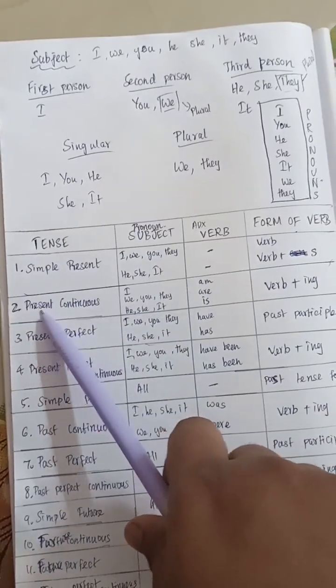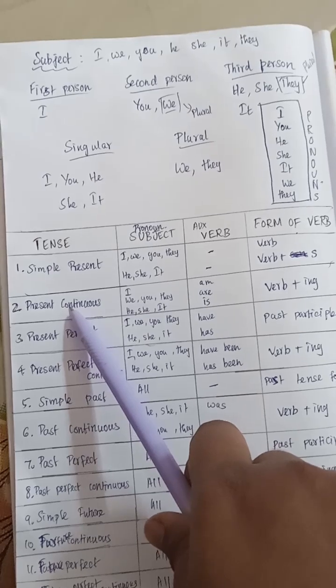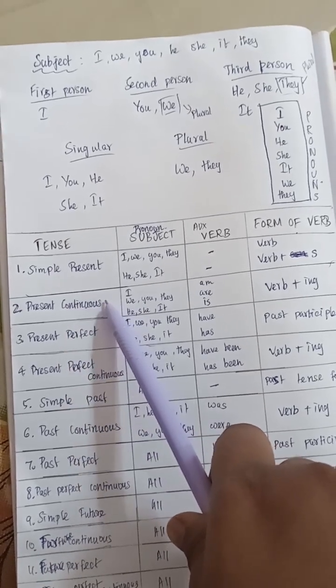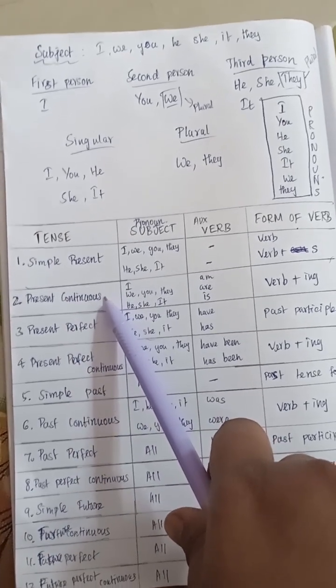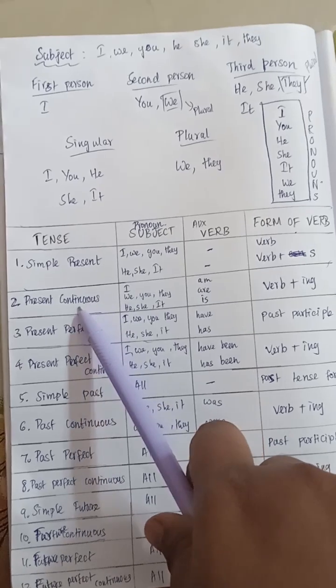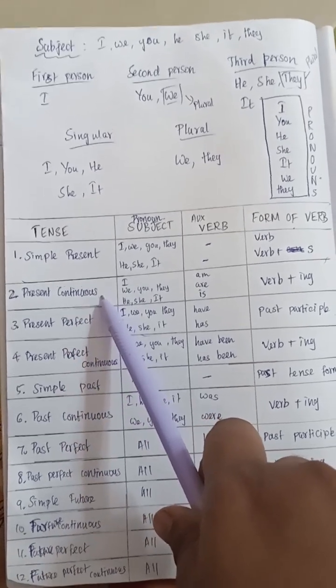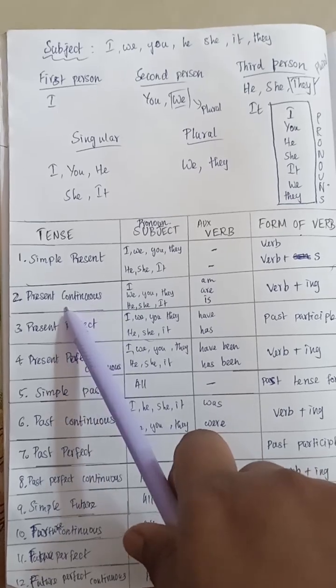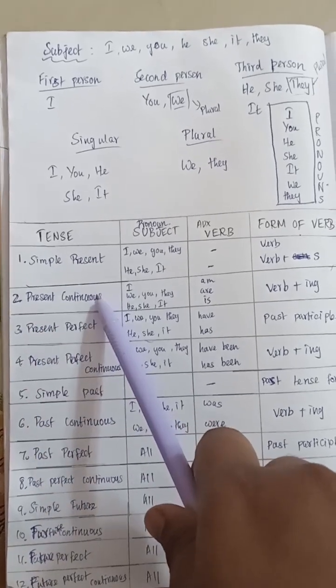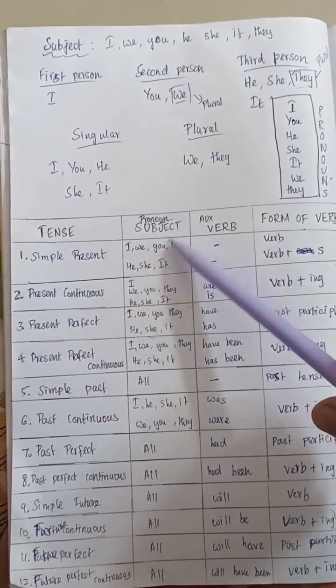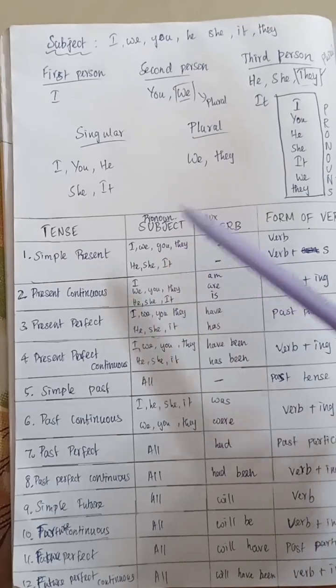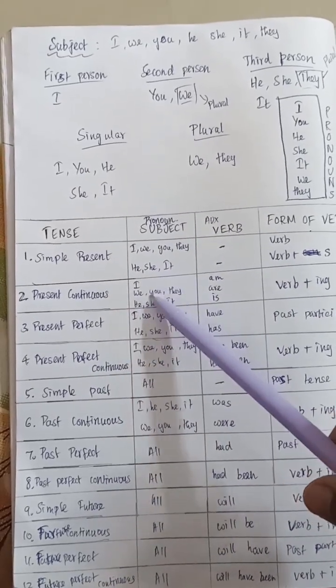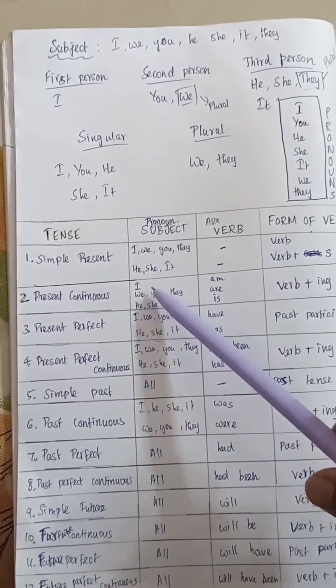It is present continuous tense. As you see from the word continuous, you can find out that it is something which is going on. So it will be something having ing. This is a very different tense from all the tenses, because it has three different types of parts.